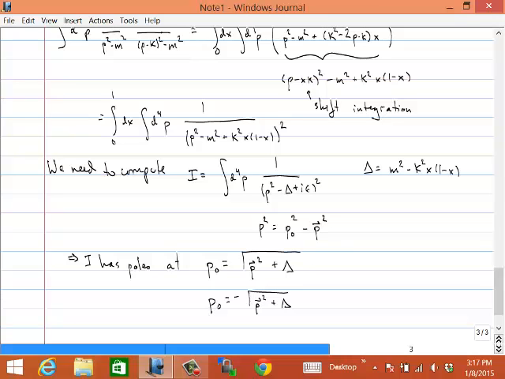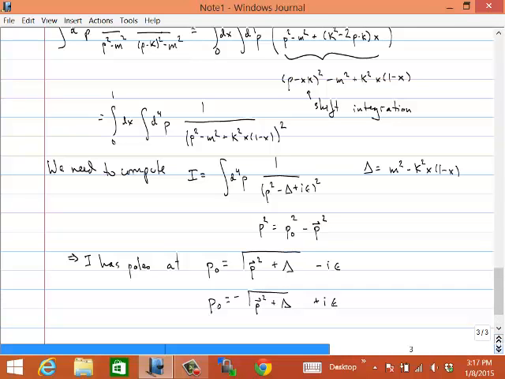These are the same poles that appeared when we studied the free propagator. And in that case, we had to be careful about the i epsilon prescription. And indeed, in this case, these i epsilons are going to come and save us once again. Because in fact, those i epsilons just shift the location of the poles to be slightly off the real p0 axis.